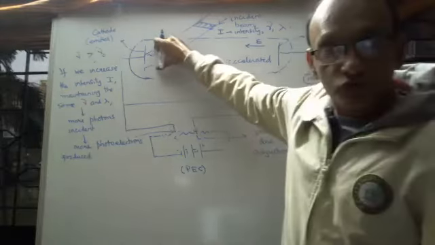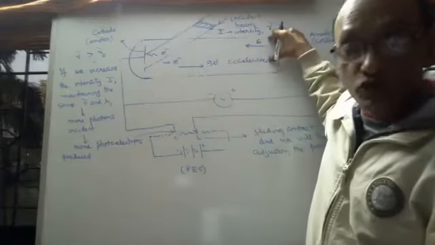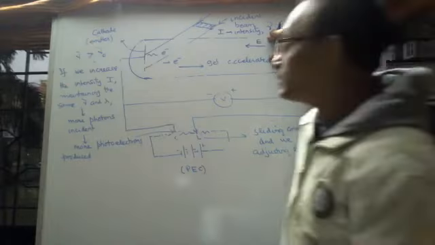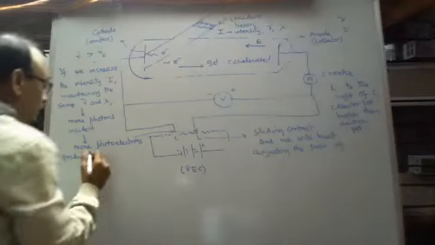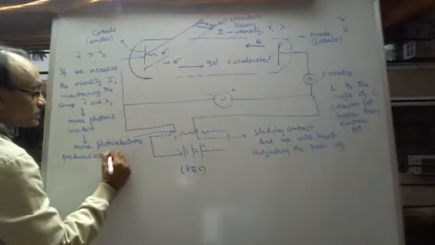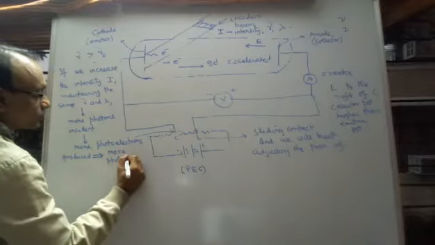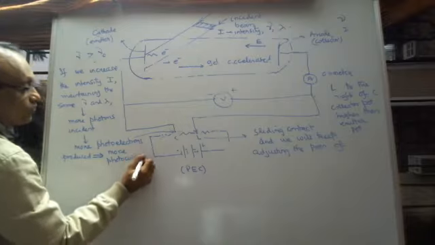If there are more photoelectrons produced, then there are more photoelectrons reaching the collector in a given time. More photoelectrons means more photocurrent.